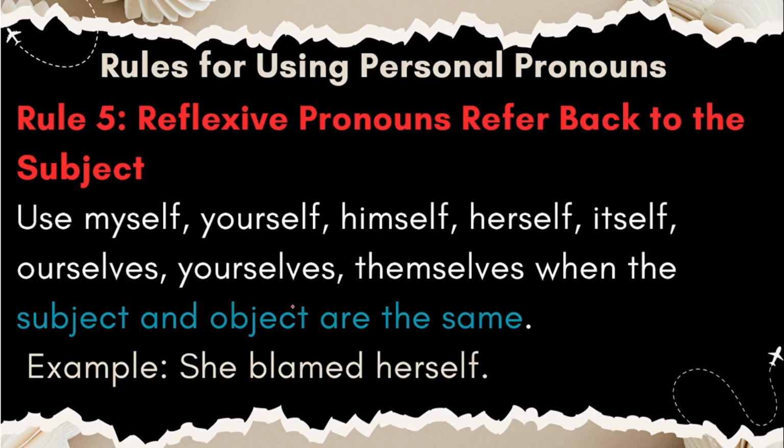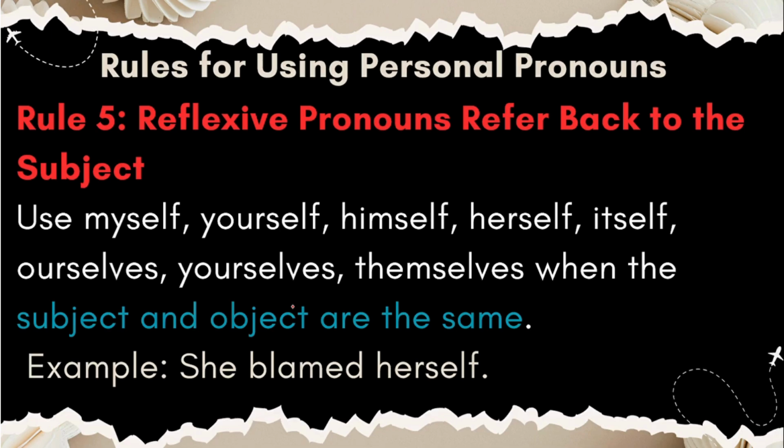Rule number 5. Reflexive pronouns refer back to the subject. A reflexive pronoun refers back to the subject. Use myself, yourself, himself, herself, itself, ourselves, yourselves, themselves, when the subject and object are the same. That's what it means.